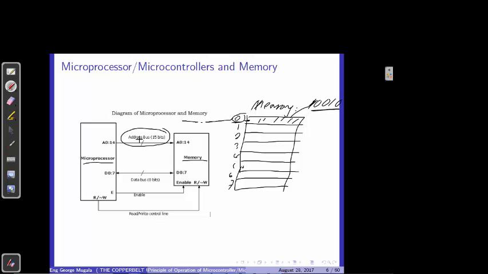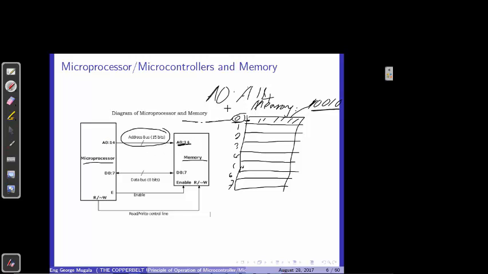As you can see here, we're saying that this is an address bus of 15 bits. You can see, guys, that it's written A0 to A15, but in fact it is A0 to A14.